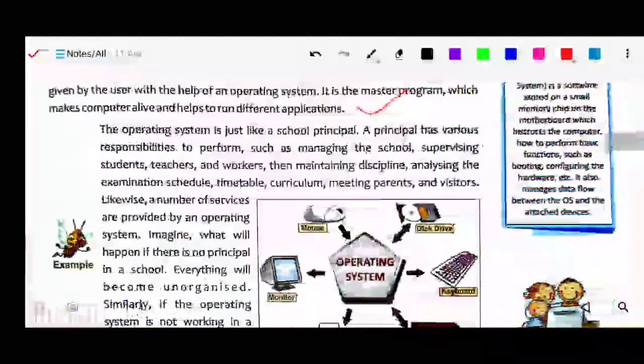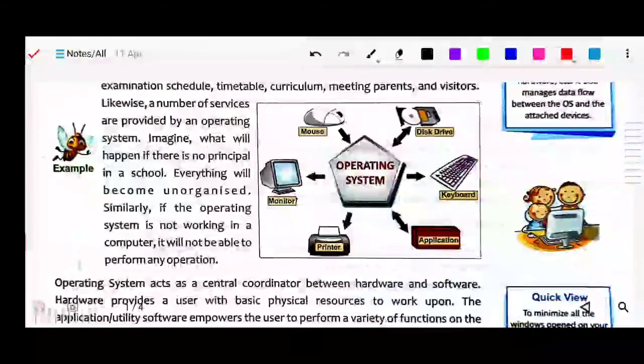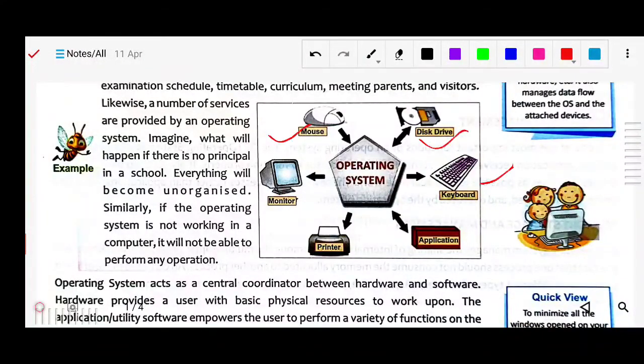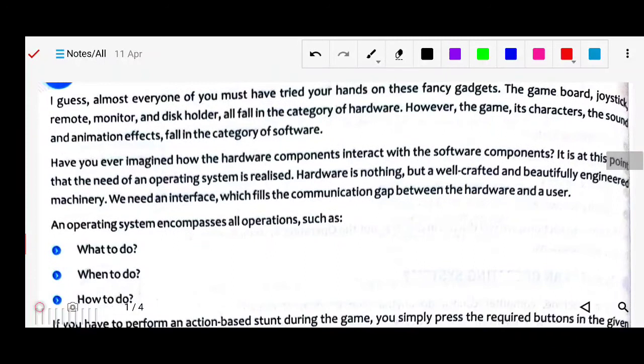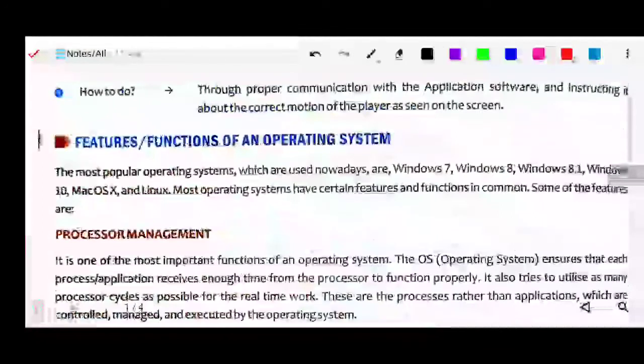You can understand it from here also: the operating system manages the mouse, hard disk, keyboard, disk drive, monitor, printer, and all these peripheral devices. Got it? Next we have the need for an operating system, which we have already discussed. Next we have the features of an operating system. Let us see these features.